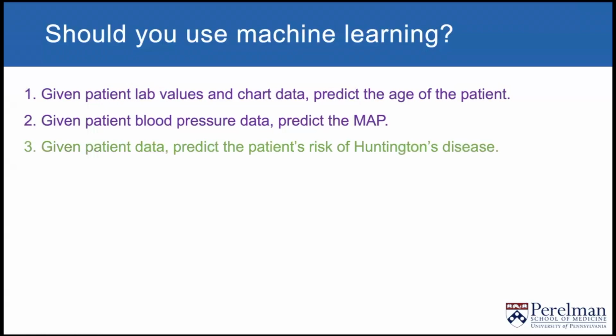Okay. Number three, given patient data, we want to predict the patient's risk of having Huntington's disease. I imagine many of you haven't heard of this disease before. So relevant background: Huntington's disease is a very rare genetic condition. It's passed down from grandfather, father, and so on and so forth.